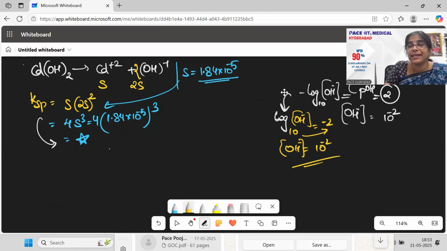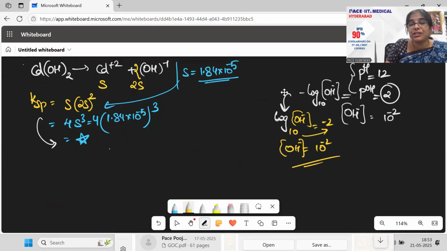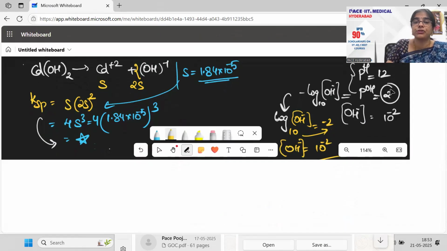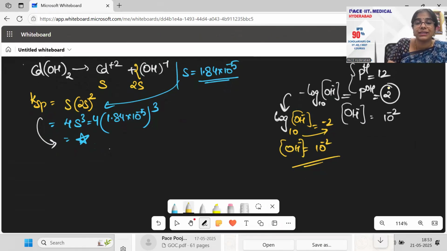Oh, one second. The expected solubility of cadmium hydroxide in the buffer solution is asked. Cd(OH)2 will give you cadmium plus 2 ions and OH minus ions. Sorry, I said calcium, not calcium, I am so sorry, it is cadmium plus 2 ions and OH minus ions.